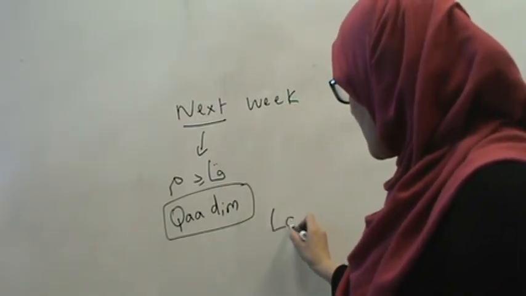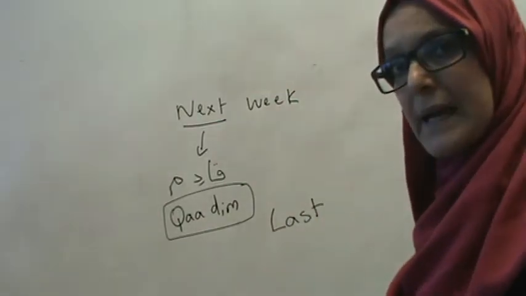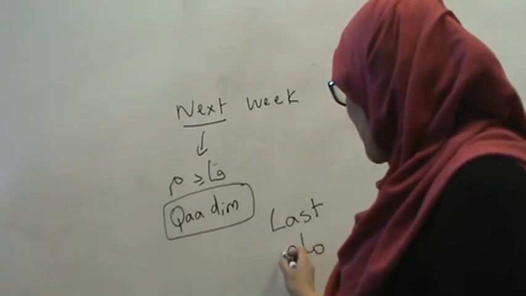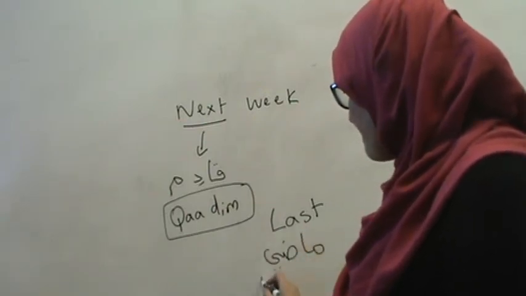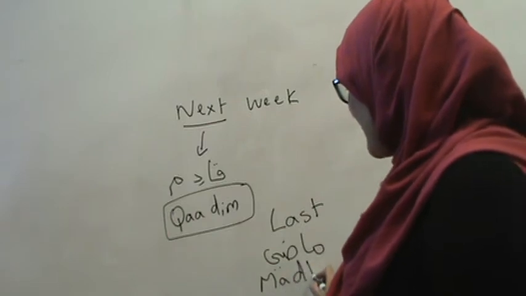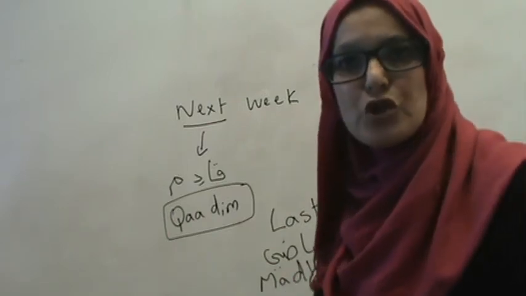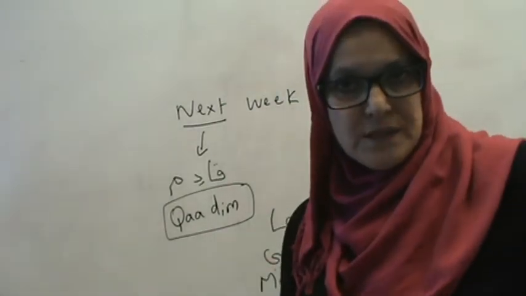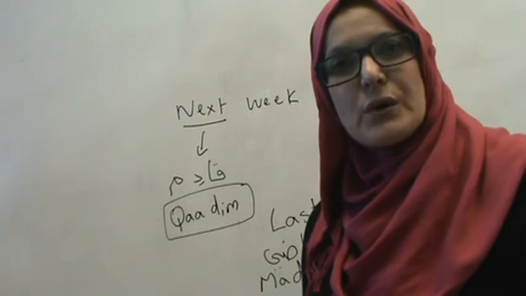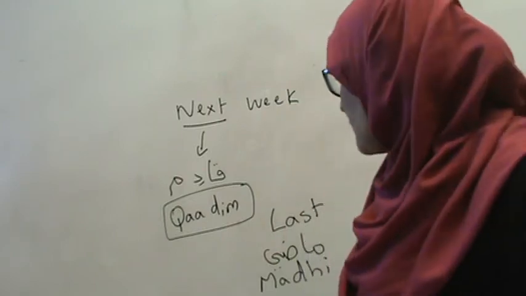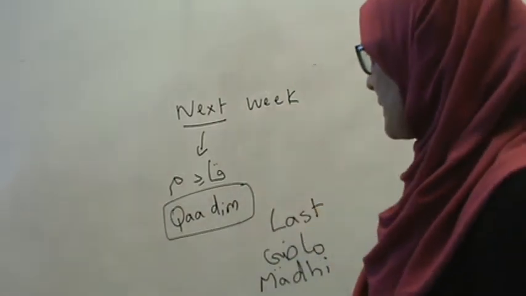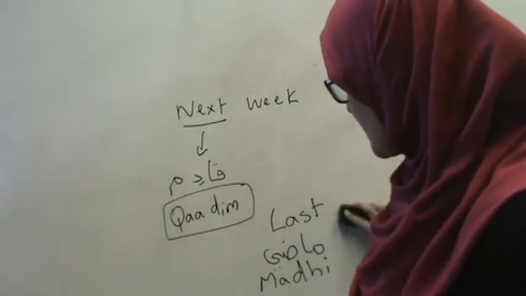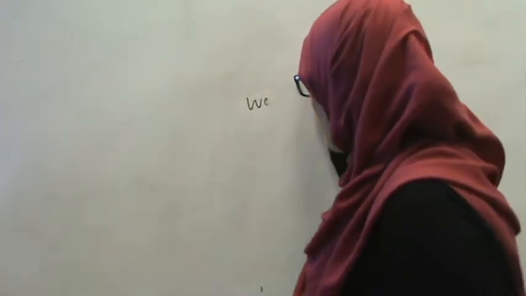Last is ماضي. ماضي with the letter ض, but when you speak it, we make a strong D sound. So قادم and ماضي.